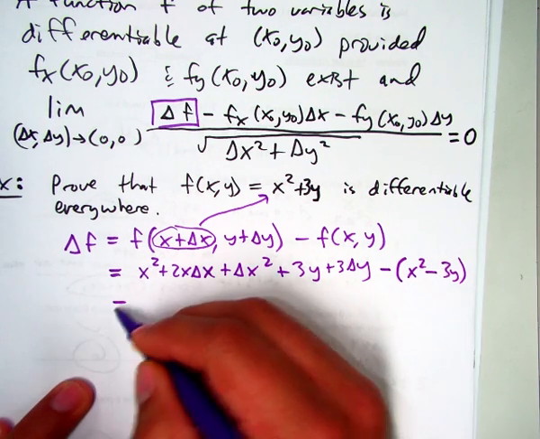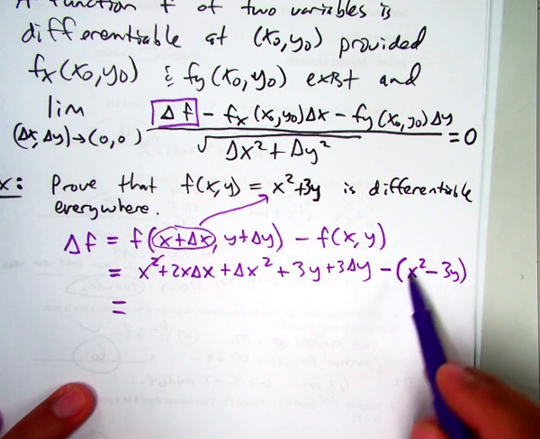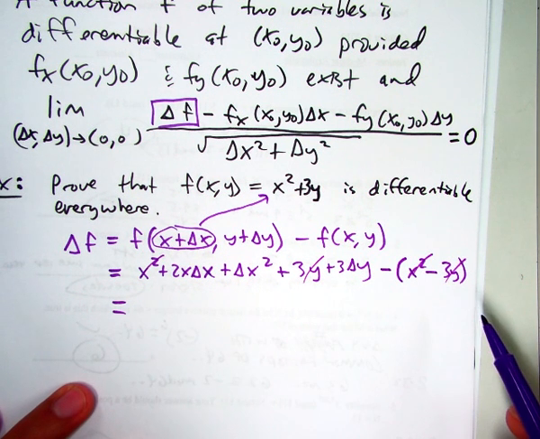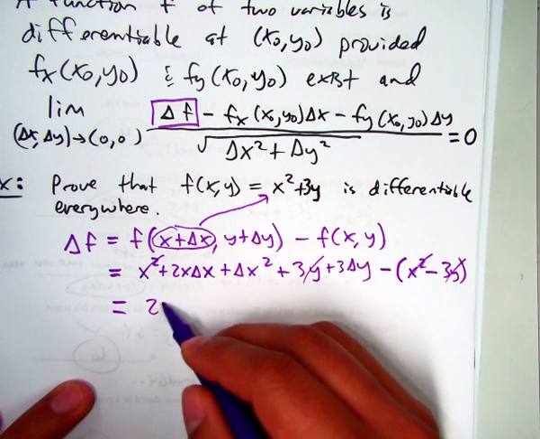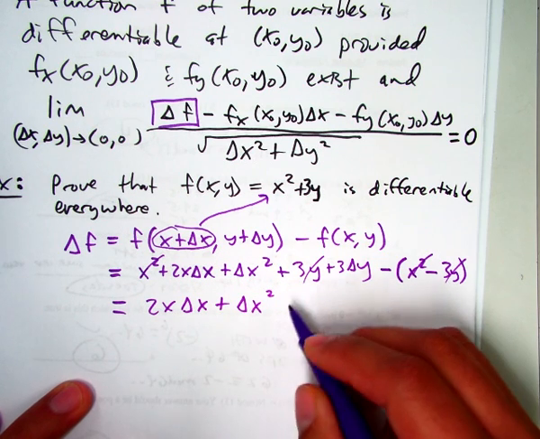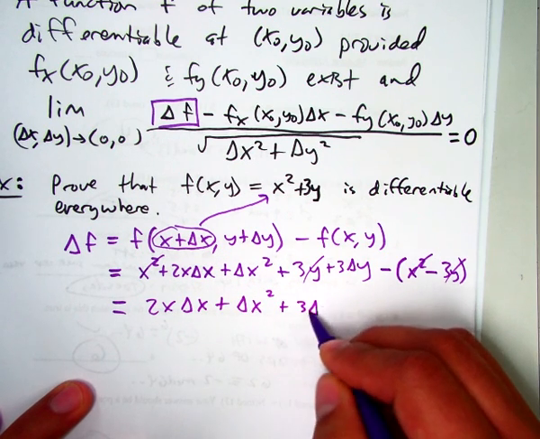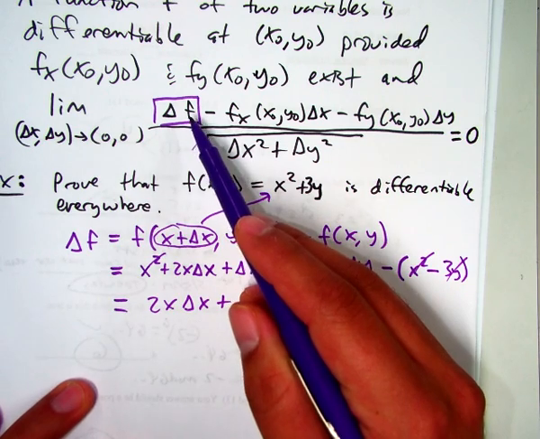So let's clean things up. What happens here? The x squareds go away. 3y's go away. All we're left with is 2x delta x plus delta x squared plus 3 delta y.